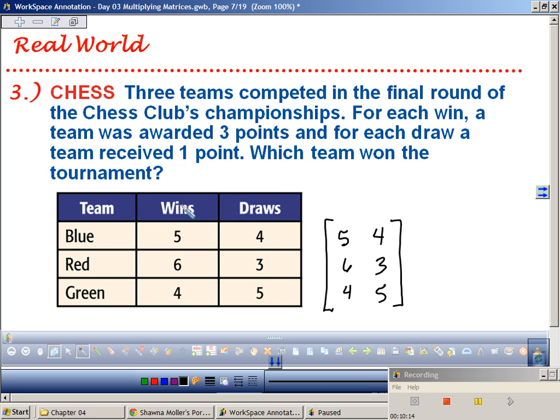So does everybody see that this is the wins for the blue, red, and green, and the draws for the blue, red, and the green? All right. It said that for a win, you got 3 points, and for a draw, you got 1 point.